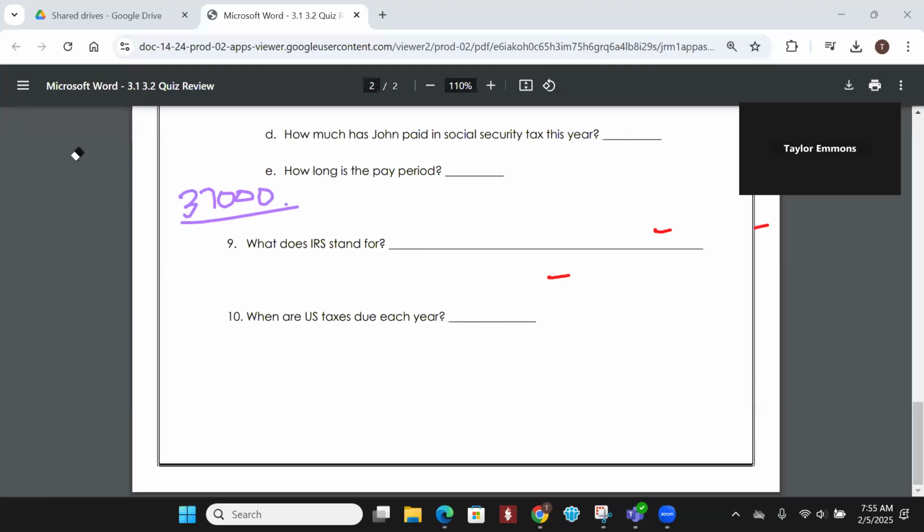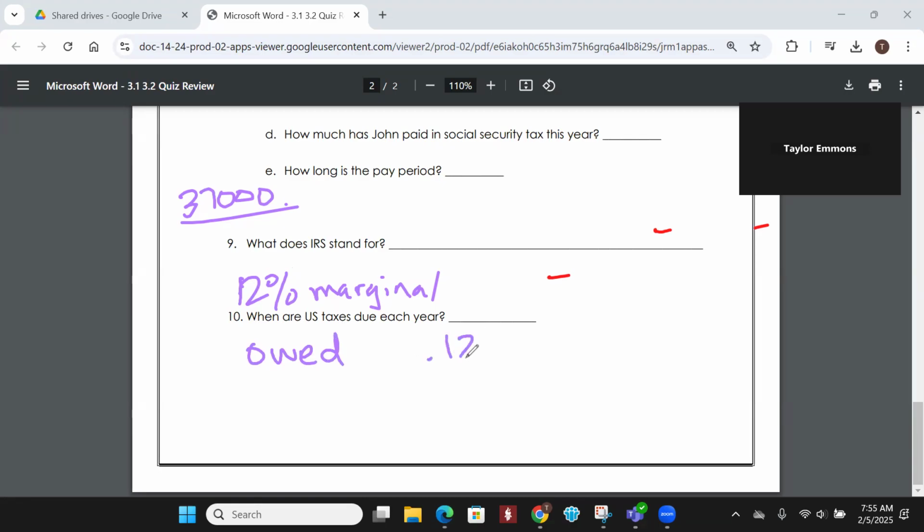All right, so find the rate. 12. Okay. So for marginal, it's 12. That's the percentage we're gonna pull from the table. For the effective, we gotta find how much is owed first, right?